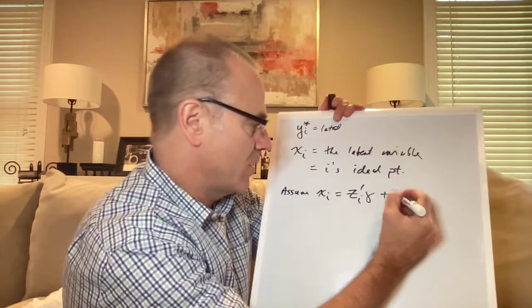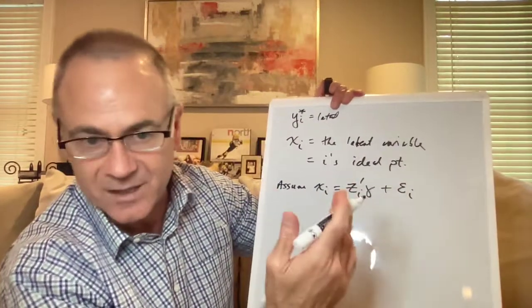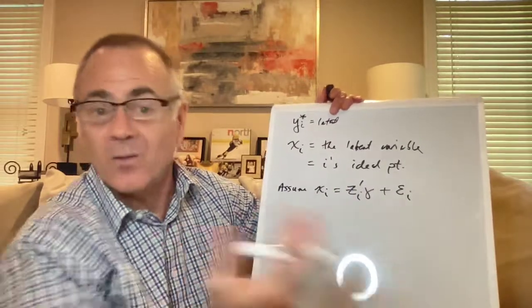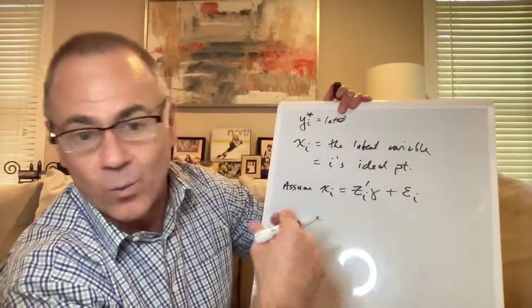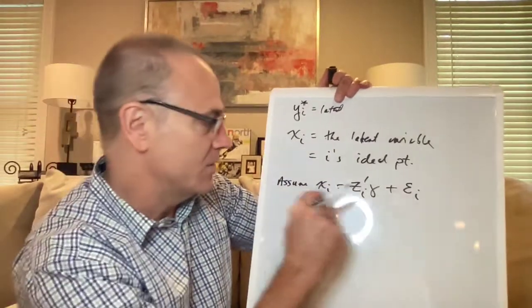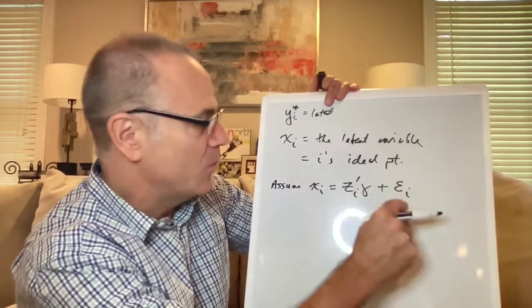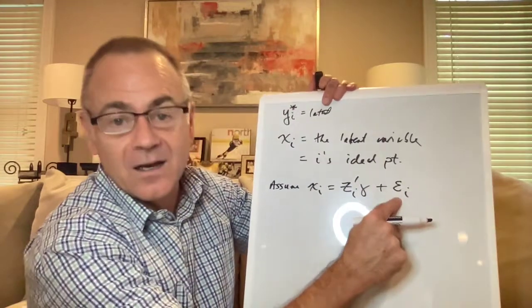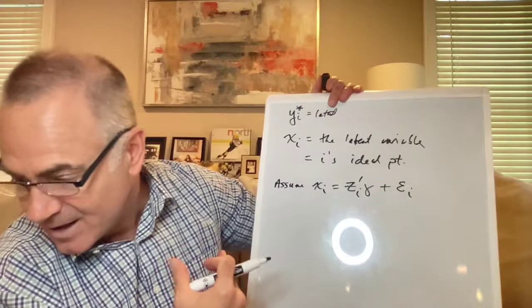And then we're going to have an error term, epsilon i, that describes the ideal point. That's the part we, the researcher, don't see. And by the way, you could call this a special case of what's sometimes called the McFadden random utility model. I guess it's not utility, but epsilon i is part of the ideal point. But like the McFadden paper, Senator i knows his own epsilon i. We, the researcher, do not.